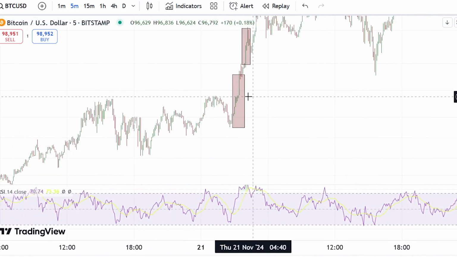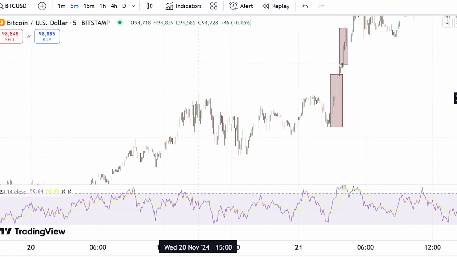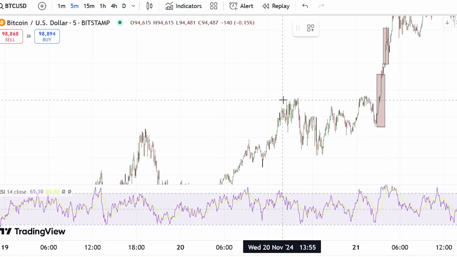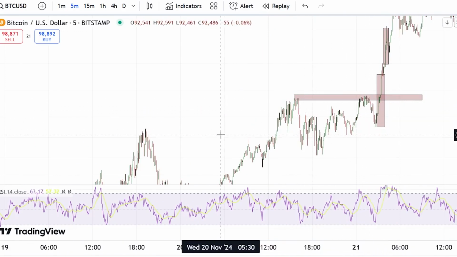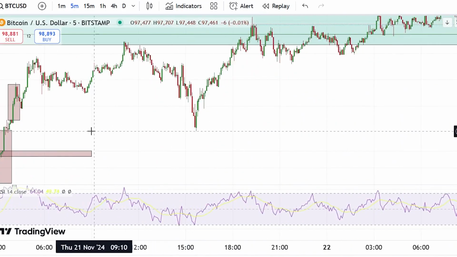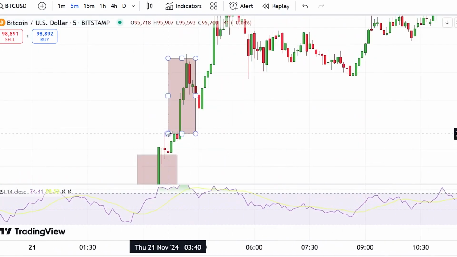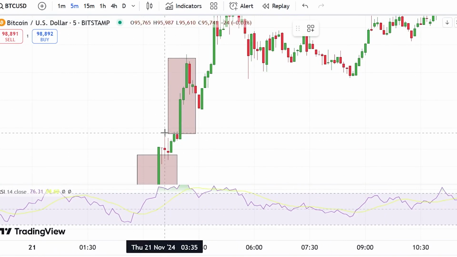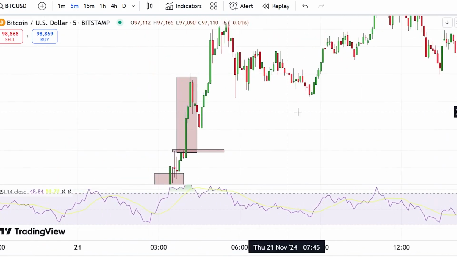For example, if you look at the candles before that, you will see here there is a zone broken by this spike. See, a resistance zone broken by this spike, and then here, see here a resistance zone again between this high and this high, broken by this spike.